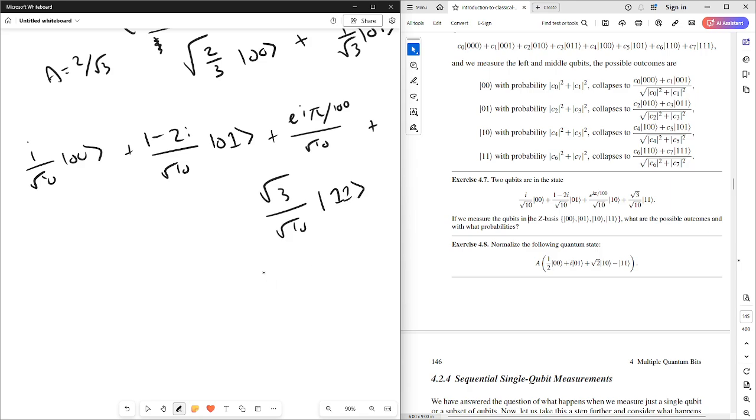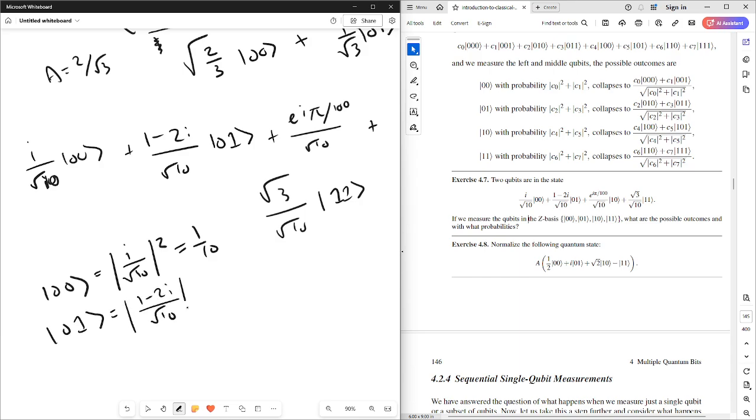So when we measure in the z basis, with those states, what are the possible outcomes? Well, we know there are 4 possible outcomes. There's 0, 0 with amplitude i over square root of 10. We take the norm square of that, and we get 1 over 10. Similarly, for 0, 1, we get the norm square of 1 minus 2i over square root of 10. That means we're going to multiply this by its complex conjugate.